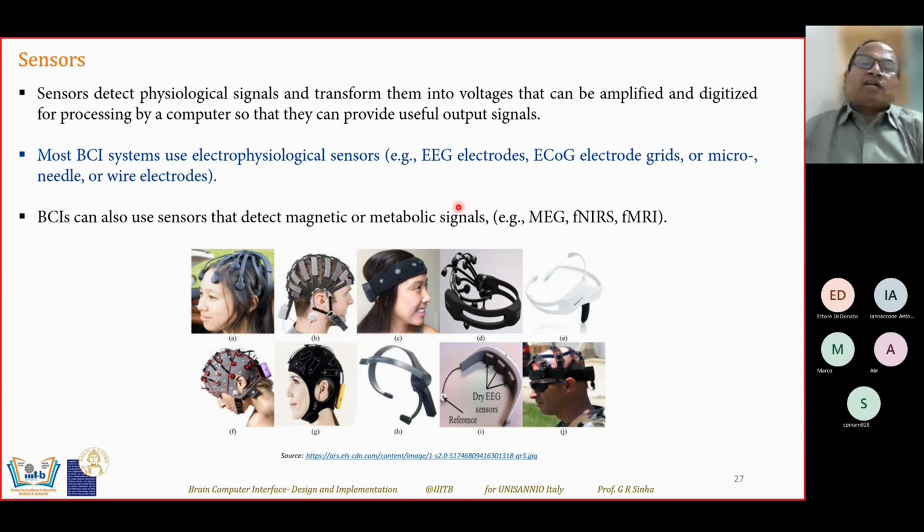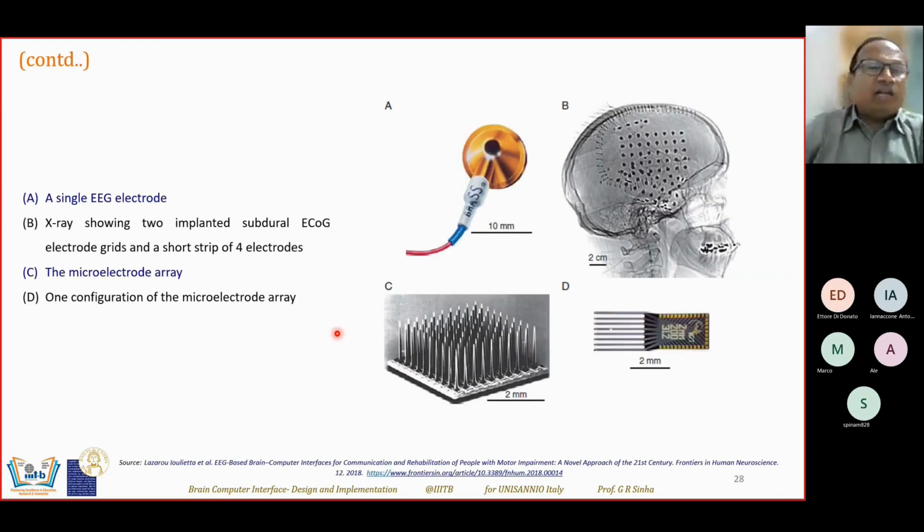If you remember, we were talking about metabolism, where the flow of oxygen creates an impression in the spectroscopy. So functional near-infrared, functional magnetic resonance imaging, and magnetoencephalography all fall under these modalities. There are a lot of different types of sensors which are available.